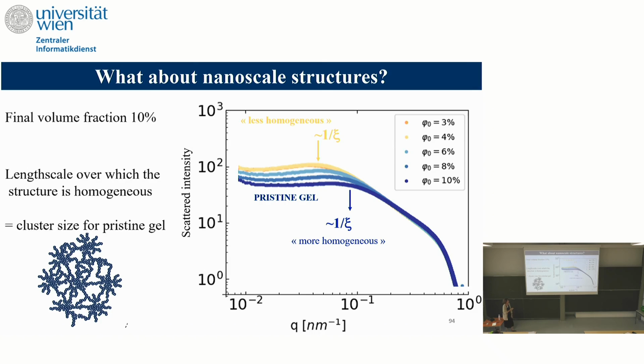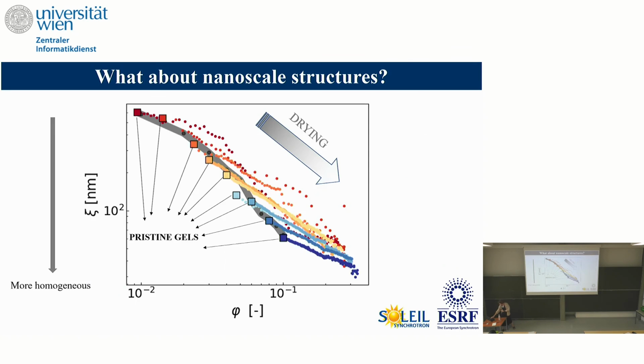What we see is that 1/xc decreases, so xi increases when we dry the system. So the system with the same volume fraction, but which has been dried to reduce the volume fraction, is more heterogeneous. You need to look at a larger length scale to have something homogeneous.